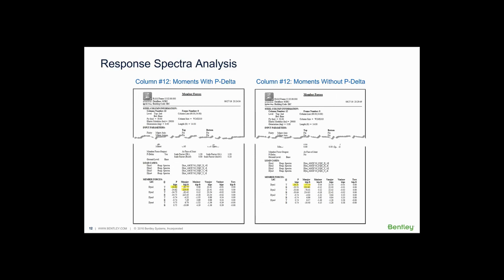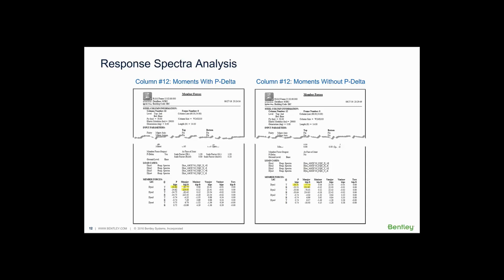So here we look at column number 12 in this particular example, and we want to take a close look at the moments, both when P delta is turned on and when P delta is not turned on. And again, we see a difference both in the axial force and in the moments at the top and the bottom of the column.